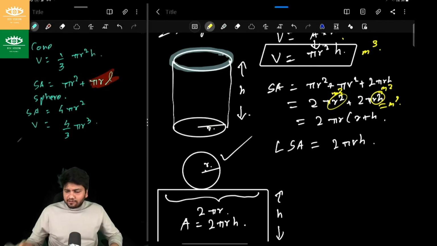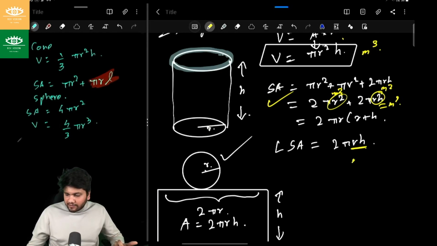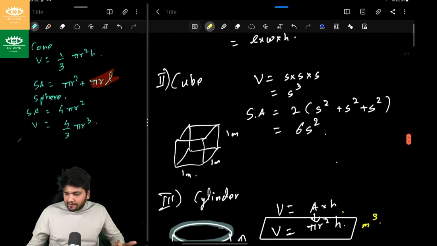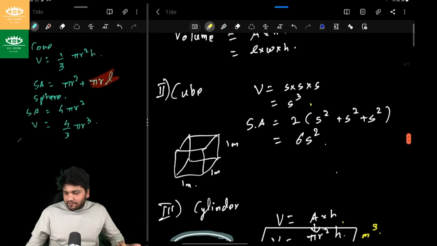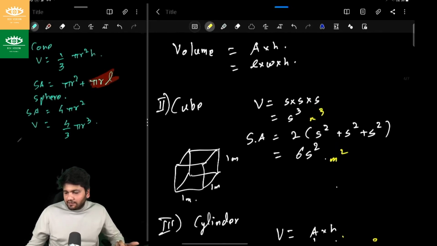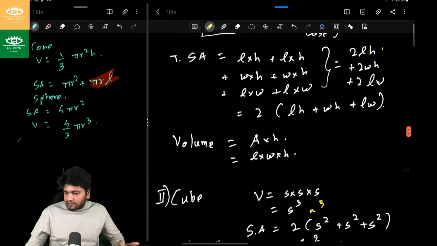Lateral surface area also is meter square, that's why it gets verified. Similarly for cube, volume is meter cube, and surface area is meter square plus meter square, so at the end I'll get meter square as the answer. For volume, meter into meter into meter, that's why meter cube.